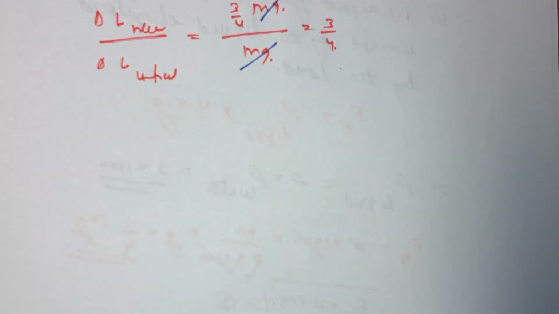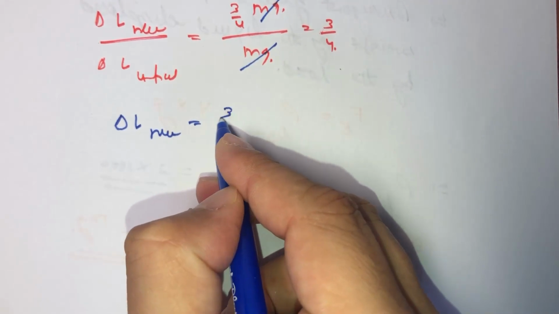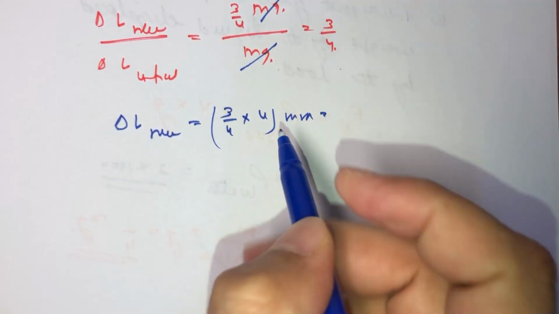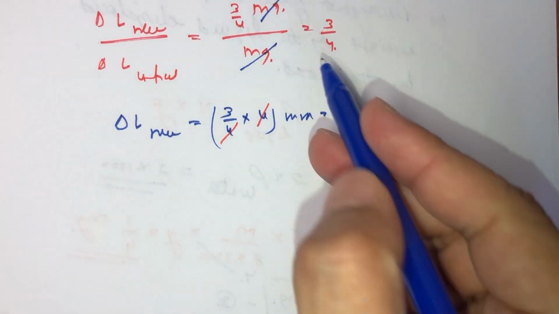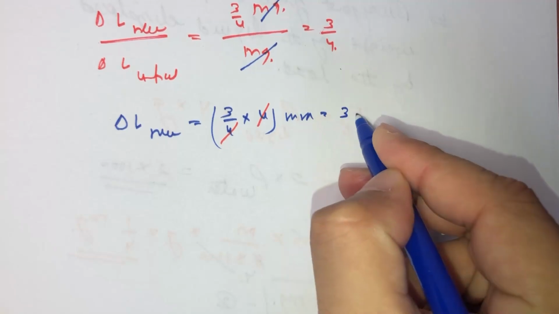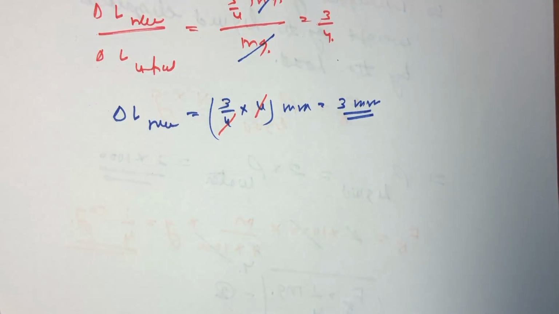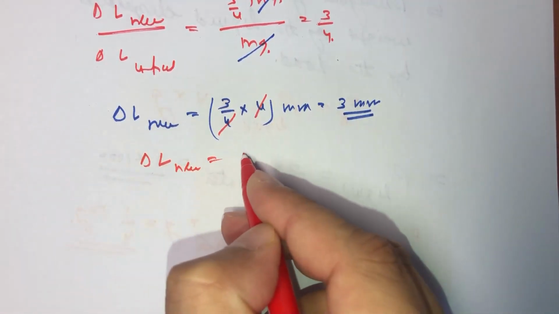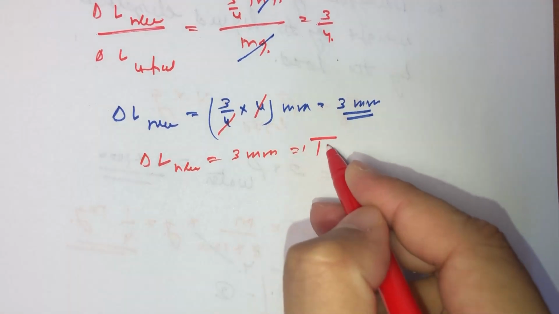So delta L new is equal to 3 into 4 over 4, in millimeter. So 4 and 4 cancel out, so we get delta L new is 3 millimeter, and this is our new value of increased length in the steel wire.